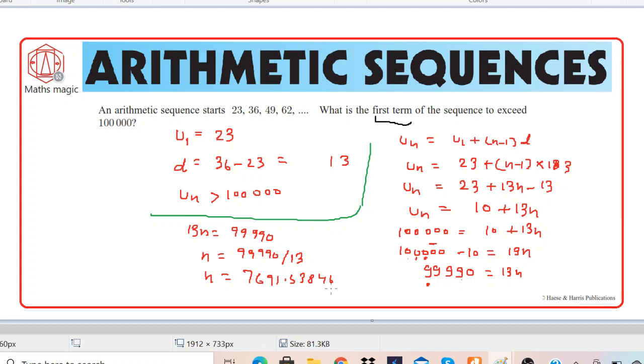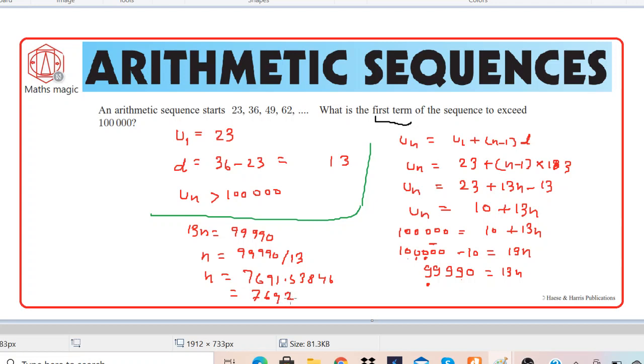So we have to find the immediate value which will give a number greater than 100,000. You can guess it here: the immediate term is 7692, which gives a number more than 100,000. If you have 7691, the value of the term is going to be less than 100,000.